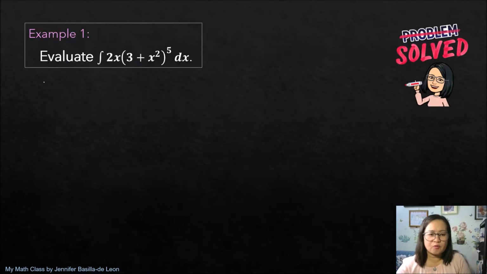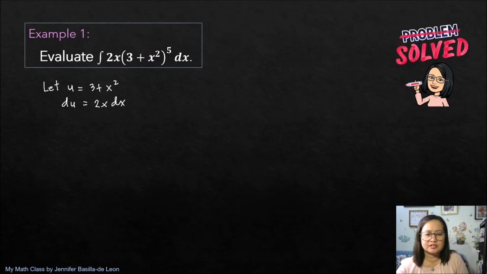We start our solution by letting u be equal to 3 plus x squared. Now getting the derivative on both sides, we will have 2x dx. Now, note that this 2x dx can be seen in the problem.